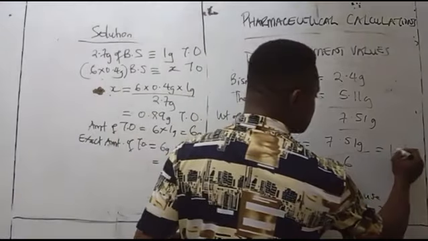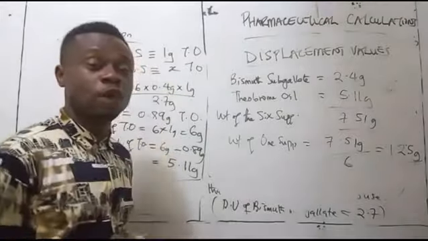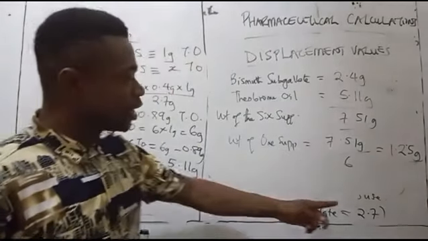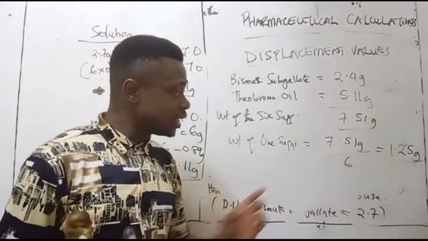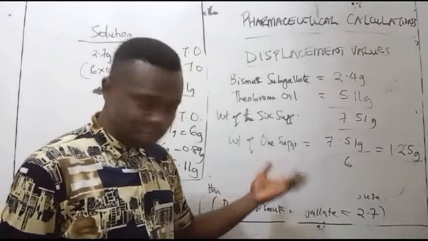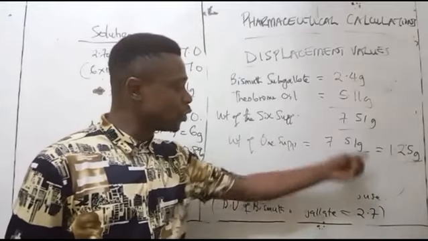So one suppository will weigh what? 1.25 grams. But there's something that happened here. The nominal mold is actually 1 gram. We expect that the weight of the suppository should also be 1 gram, but it's 1.25 grams.